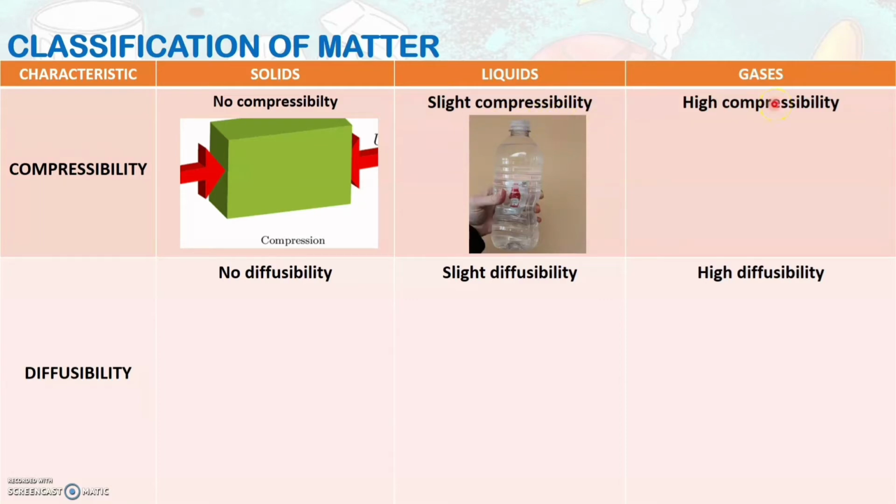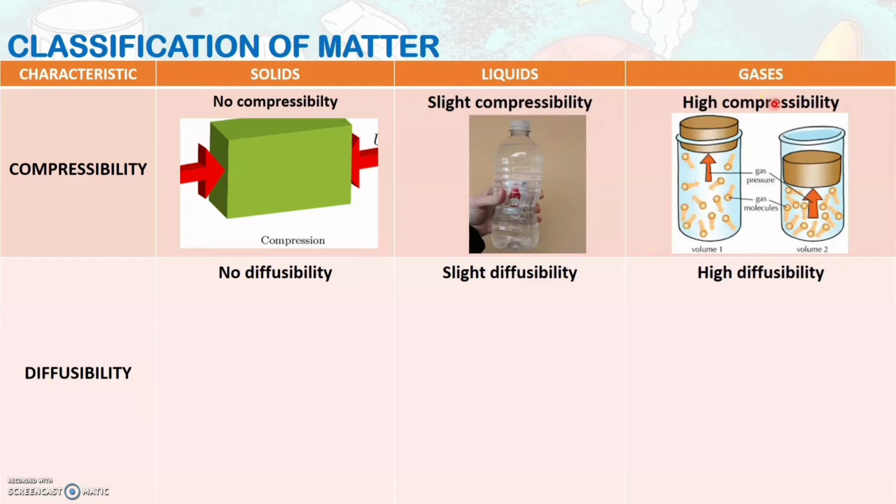And what about gases? Look into this picture here. Gas is taken inside a container like how you see here. We know that when gas is taken inside a container, it fills that container completely. Now, by applying a pressure on this gas, we can reduce the amount of space it occupies, isn't it?